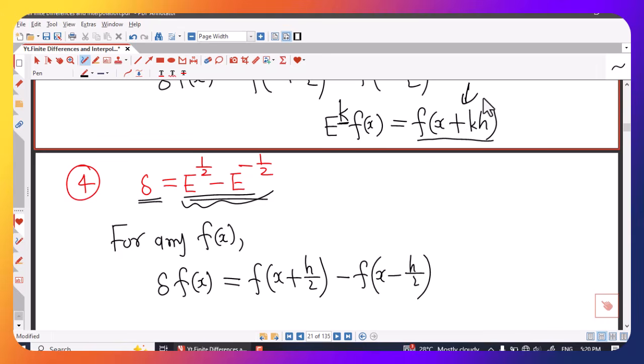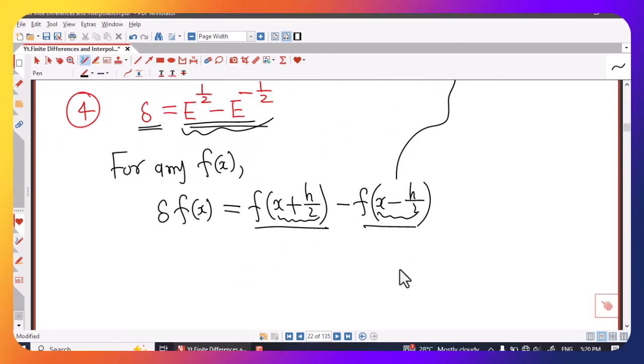So if you compare this quantity with x plus kh, you will get k equal to 1 by 2. And if you compare this with x plus kh, you will get k equal to minus 1 by 2. Therefore this is equal to e to the power 1 by 2 f(x), and this is equal to e to the power minus 1 by 2 f(x).